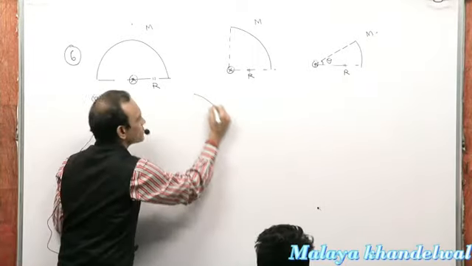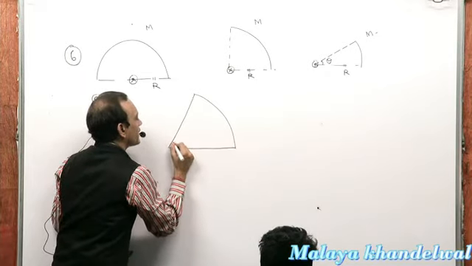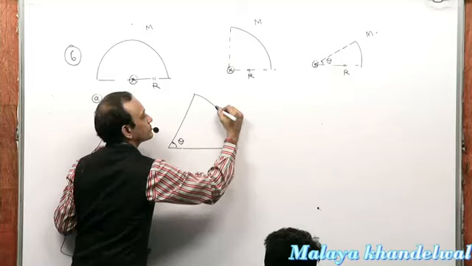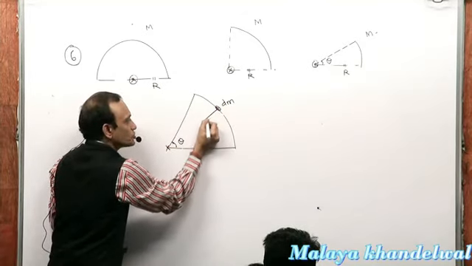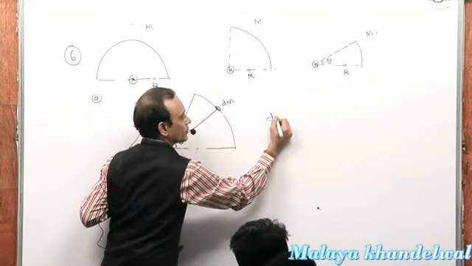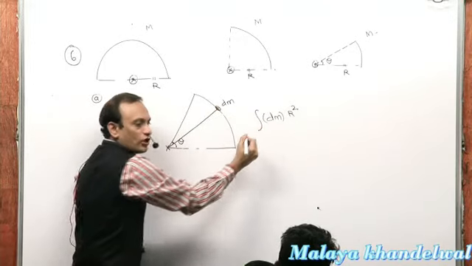If this is just any ring and this is some angle theta, I take a mass element here, dm, and about this axis, what is its contribution? dm into r squared. And the total moment of inertia would be the sum of all of this.